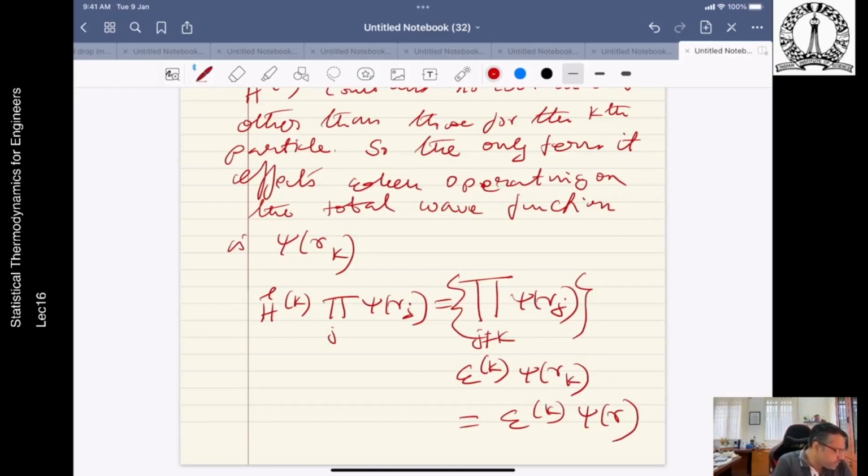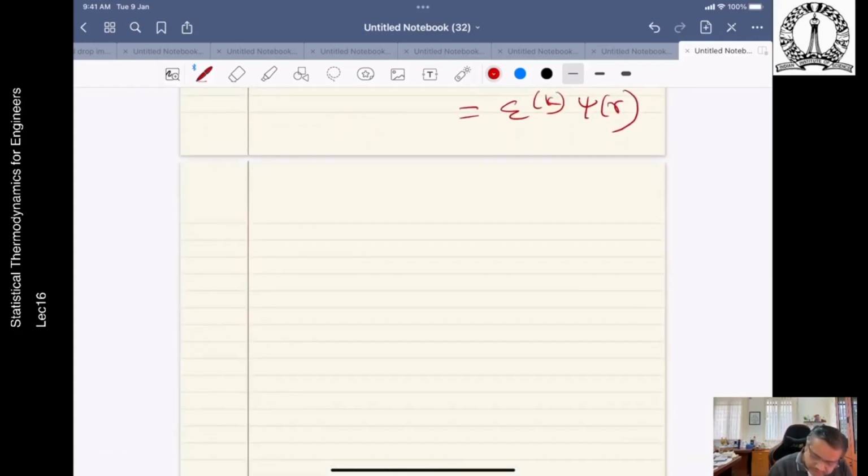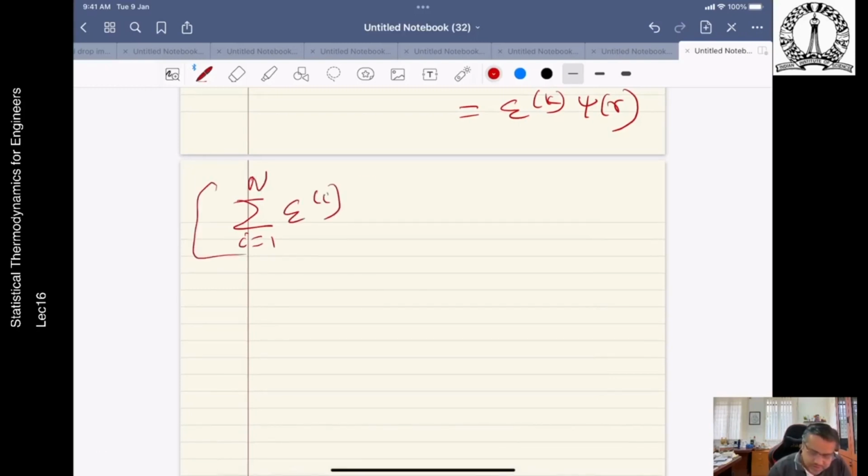So we have seen this is what it is. You can work this out independently as well. So this states the full function. Substituting all of this, you can write another expression, the sum over i equal to 1 to n of H i, on this wave function is equal to E psi.